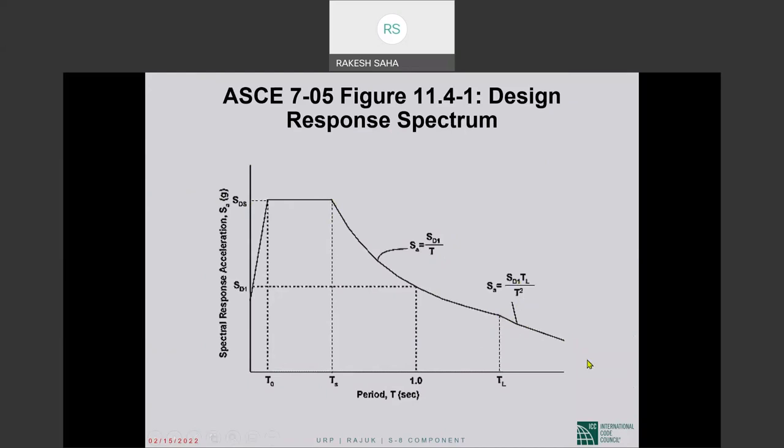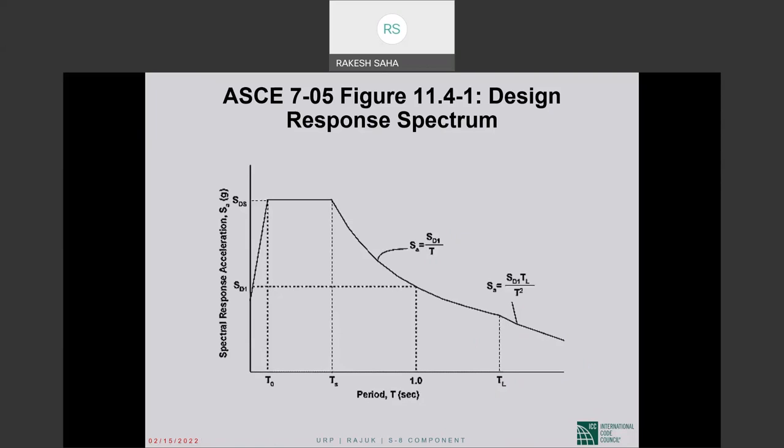And this portion starts at a period T sub L that is called the long period transition period in the IBC and in ASCE 7. In ASCE 7, T sub L is mapped for the entire United States.